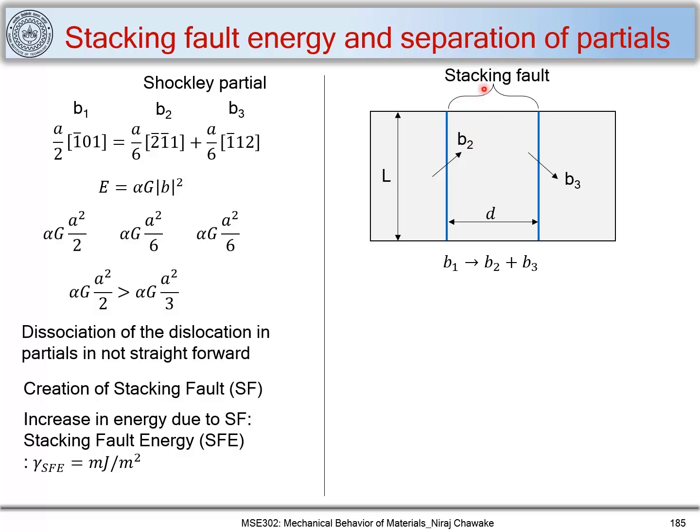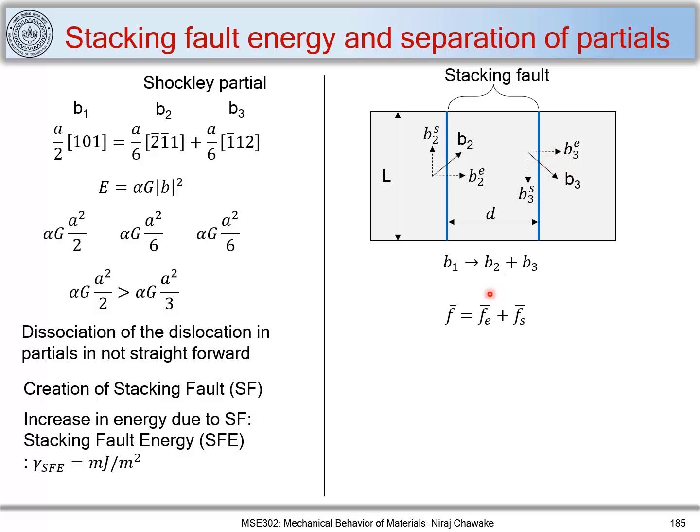Now let's find the components of B2 and B3 along the dislocation line and perpendicular to it. This will be the screw component and this will be the edge component. Similarly, for B3 you have a screw component here and an edge component here.